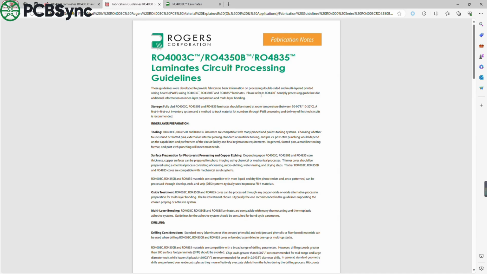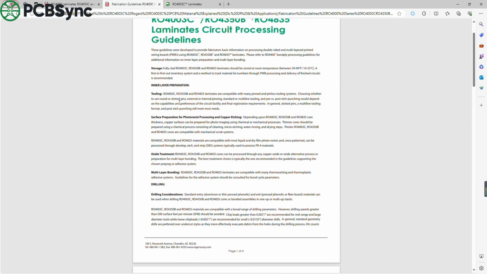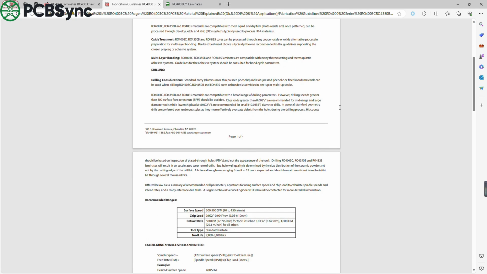Another advantage of RO4003C is that it can use many processing methods similar to FR4. It can be processed using standard epoxy glass fiber techniques, and compared to other microwave materials, it usually doesn't require special via treatments.